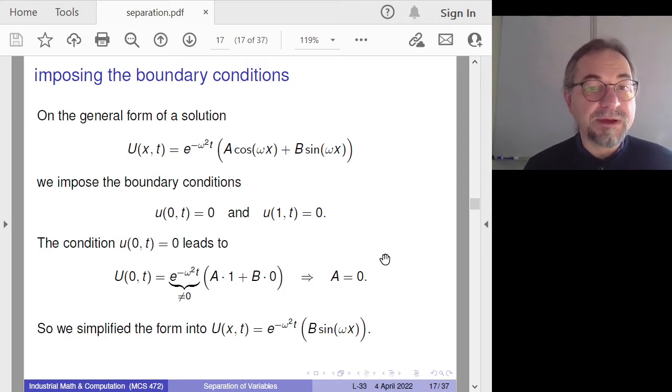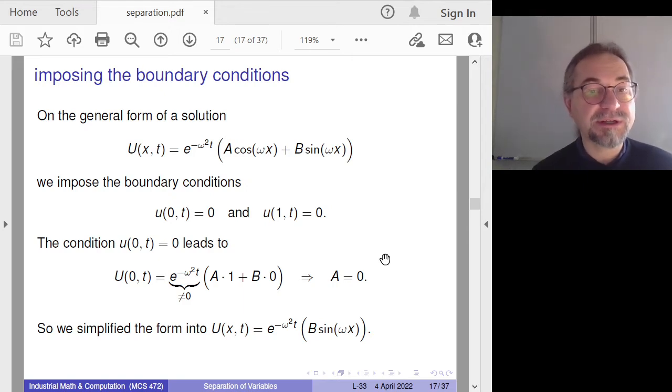We have two boundary conditions. Remember the original problem, we had our interval of the pipe that was not insulated at the end. So we lose heat at the end. So the outside temperature, outside the insulated tube, is 0.